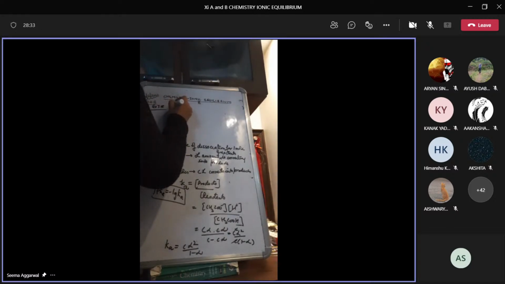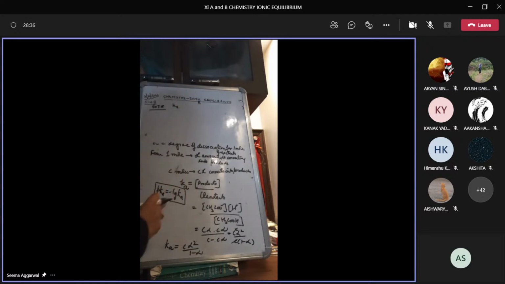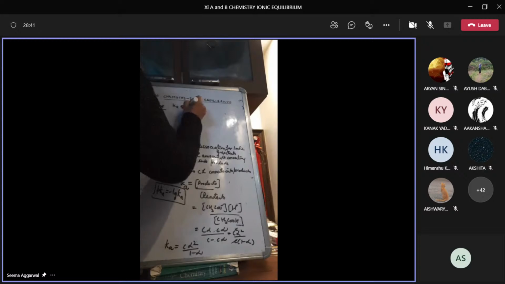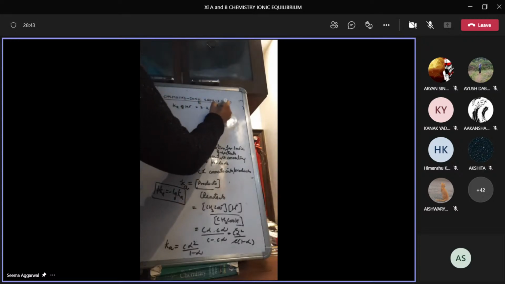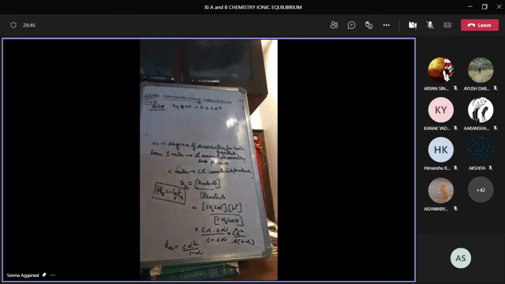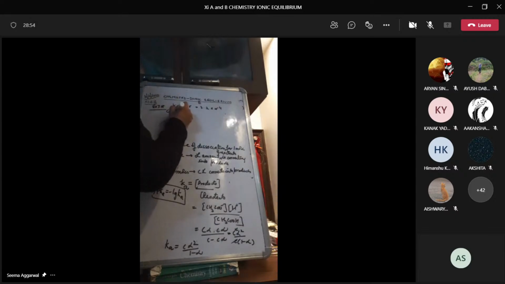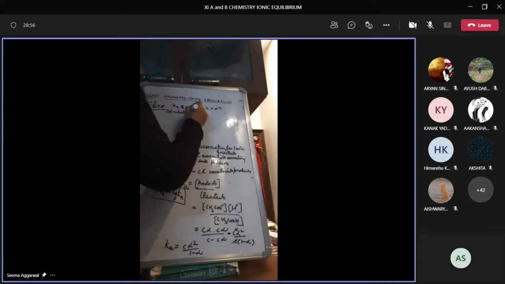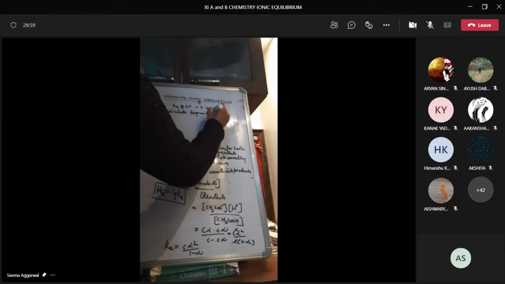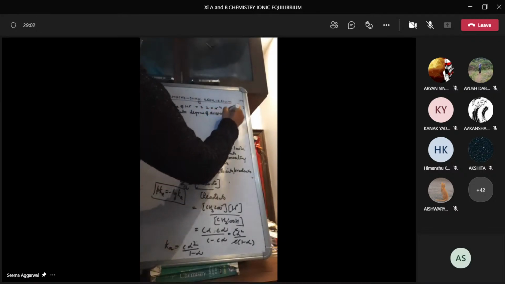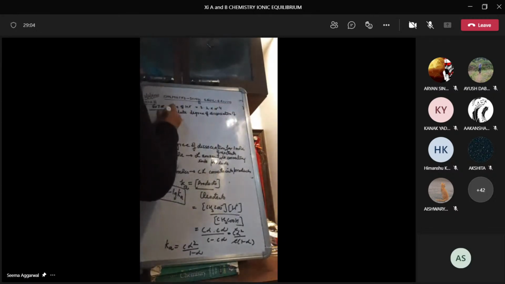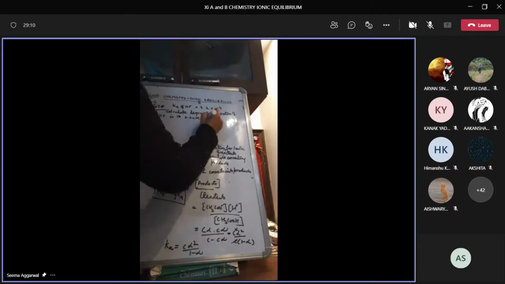Question: ionization constant. Ionization constant means Ka. Okay? Ka is the ionization or dissociation constant. Ka of HF is 3.2 into 10 raised to power minus 4. Calculate the degree of dissociation of HF in its 0.02 molar solution.